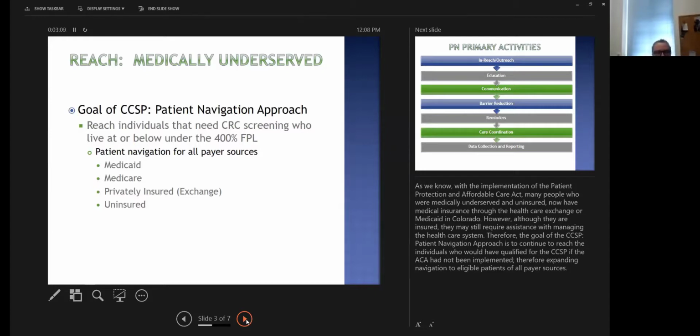Before the program, we were hearing that referrals were made and about half the time people weren't showing up, or they were showing up without adequate bowel preparation, so they couldn't do the exam in a way that was responsible enough to look for polyp growth and the like. So our no-show rate was less than 10%. Even to this day, it hovers about 8% with the use of navigation.